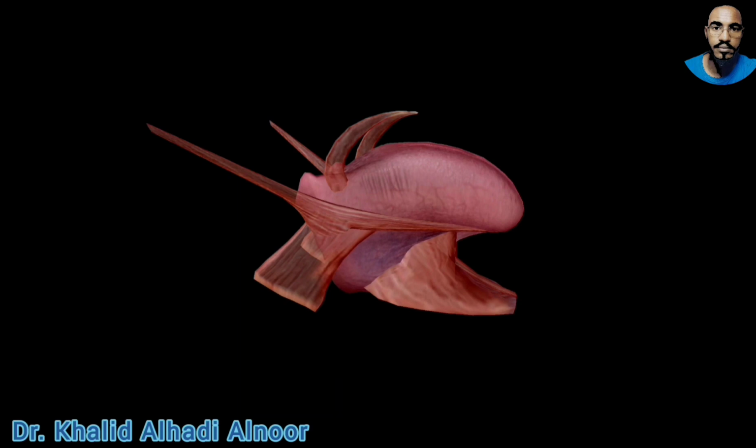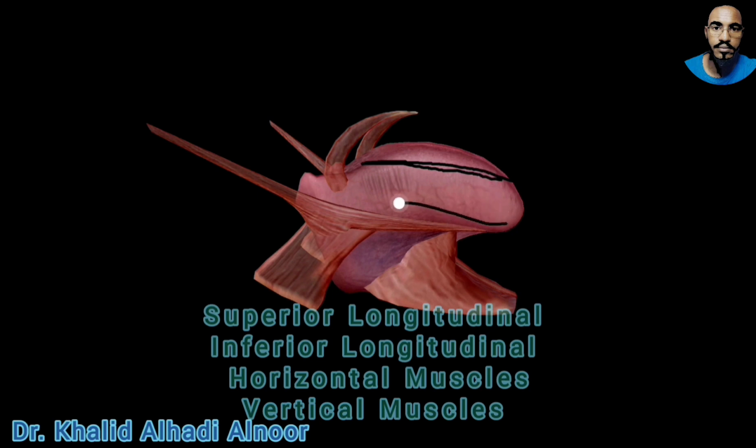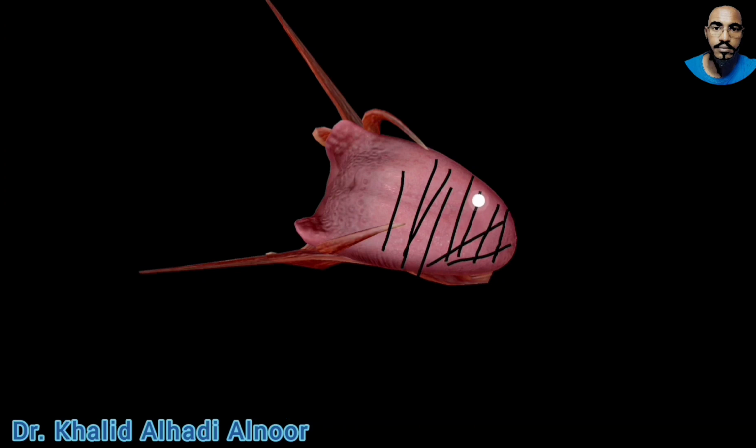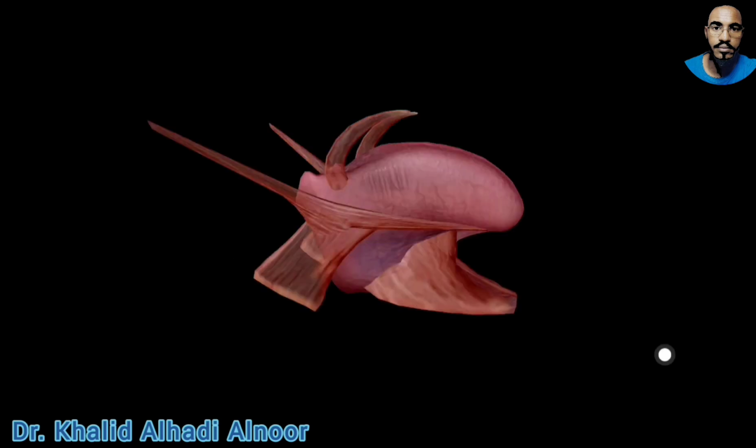There are four muscles: superior longitudinal and inferior longitudinal muscle, the horizontal muscle of the tongue, and the last group, the vertical muscle of the tongue.